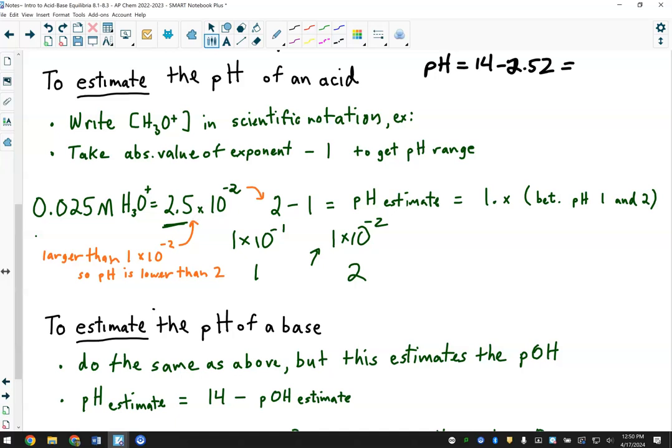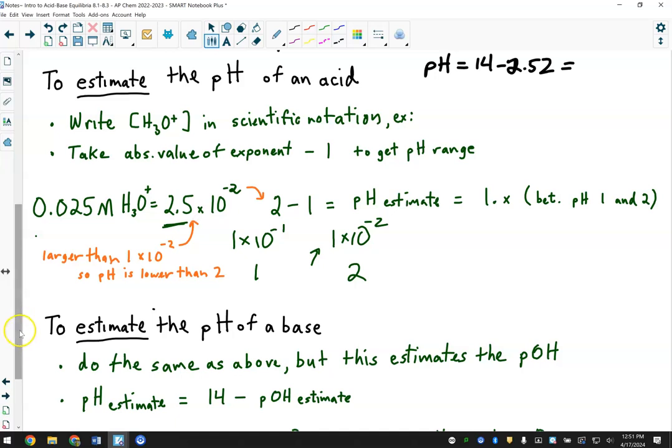And then the x is essentially the logarithm part of the 2.5. Got it? So that would be 1.x. In other words, this concentration, 2.5 times 10 to the negative second, will give you a pH between 1 and 2, and that's what that 1.x is designating. Again, I'm showing you this because sometimes you see this as a notation.